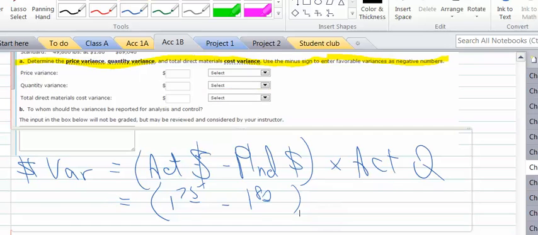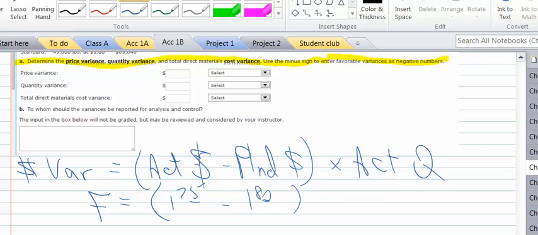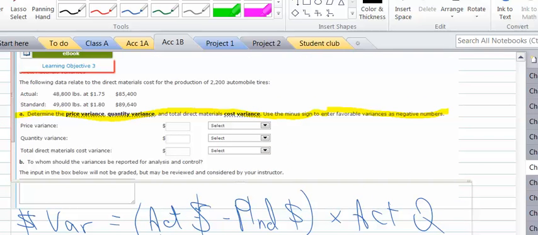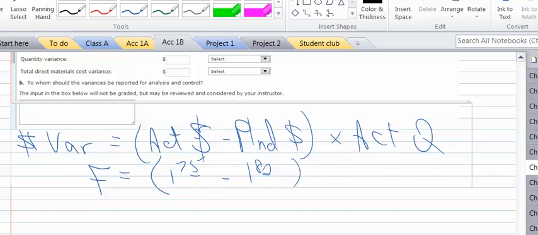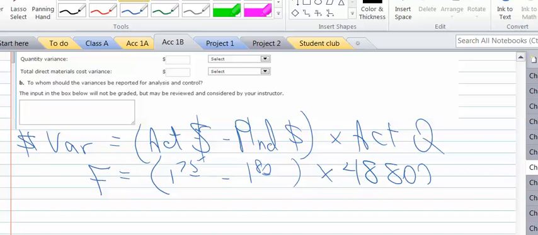Now I already know it's going to be favorable because I'm saving money. I spent less than I planned, so I'm going to go ahead and put over here an F. If it were unfavorable, I'd put a U. This way I know it's a favorable. It's going to be by a nickel. Now my actual quantity was 48,800 pounds. So I'm going to multiply this times 48,800.